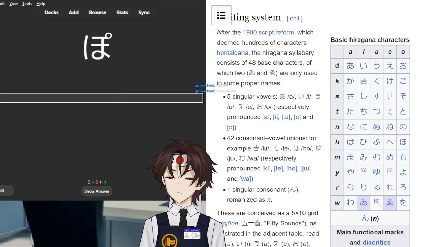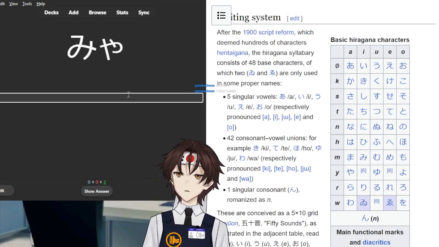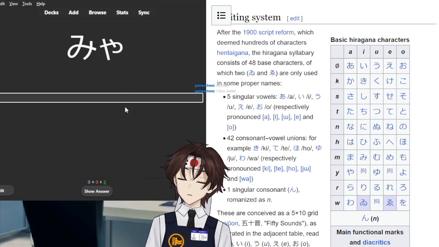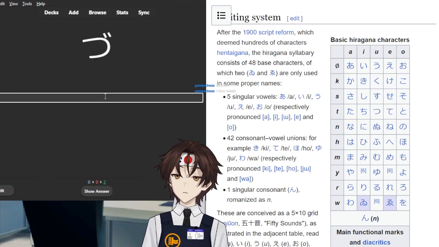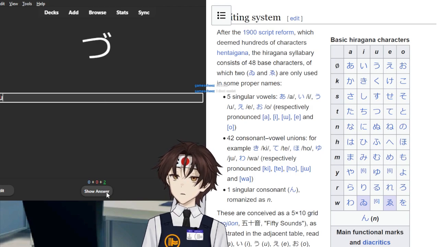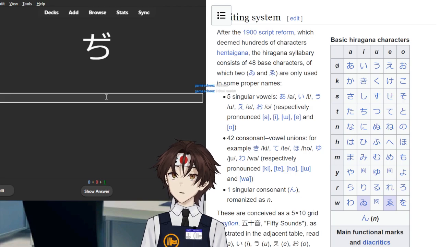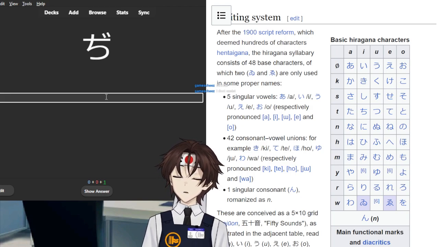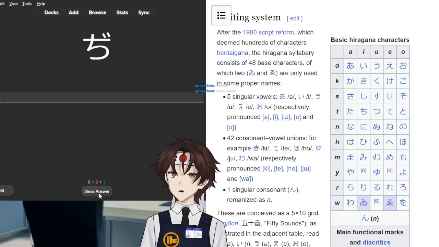Okay, this is po, mia, zi, zu, no, see? ji.